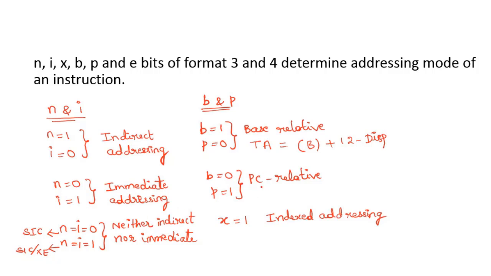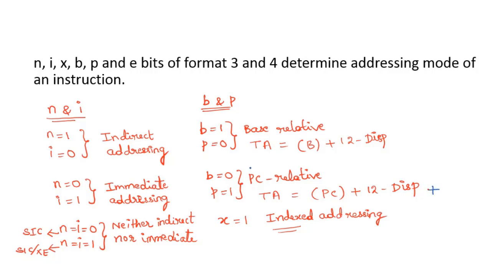Okay, similarly for PC relative addressing, target address will be equal to contents of program counter register added with the 12-bit displacement. And these two relative addressing can be combined with indexed addressing. So if it is combined with indexed addressing, then optionally we may have to add the index register contents as well.